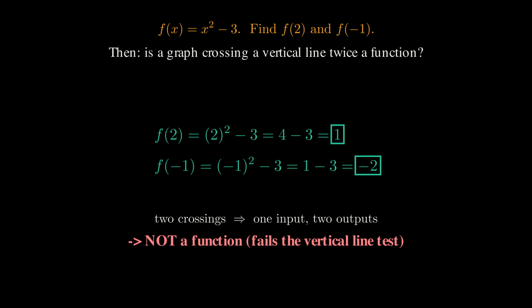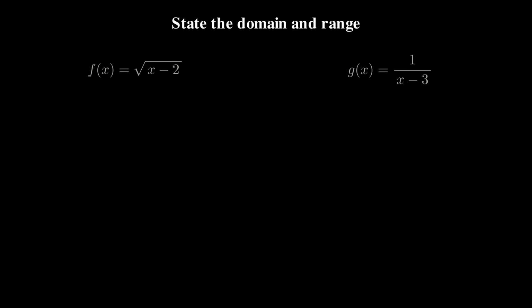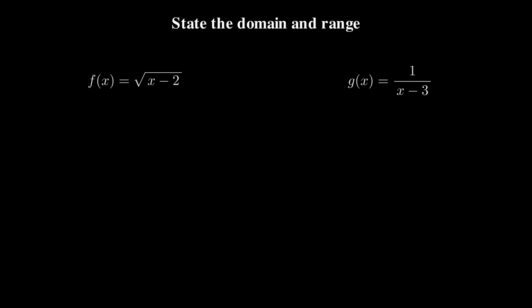2 quick marks, banked. Number 2. The classic. State the domain and range of the square root of x minus 2 and of 1 over x minus 3. Same drill each time. Find the banned inputs for the domain, then think about what outputs the rule can produce for the range.